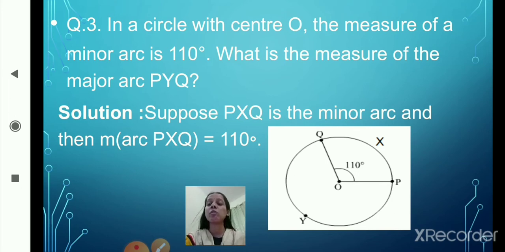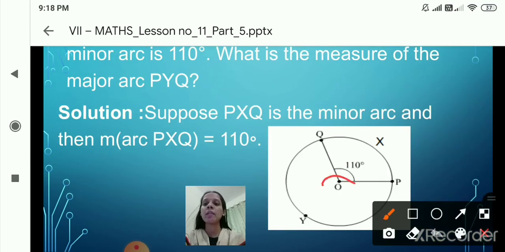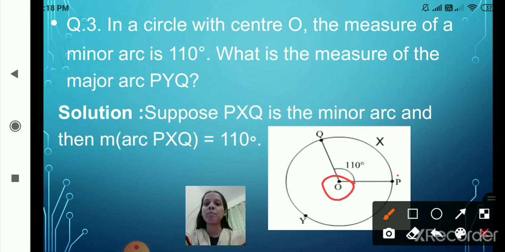So first, using the information, we will draw the figure. In the circle, the center is O, and we draw the arcs PXQ and PYQ. PXQ is the minor arc, the smaller arc.